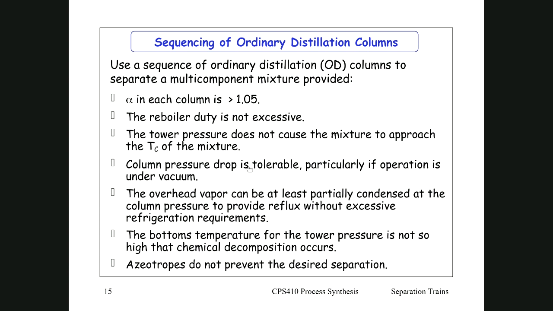Okay, so next one is pressure drop must be tolerable, especially if the operation is under vacuum. Right, so I have talked about this. If you think of an ordinary distillation column and then a plate, to make it easy, a plate with 10 centimeters of liquid will have a pressure drop of approximately 1 kPa.